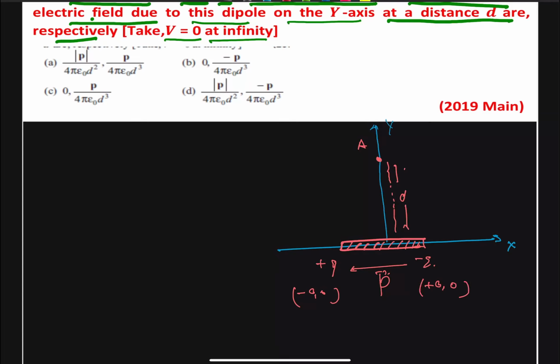Okay, we are only considering the two axes, x and y. Z will obviously be 0.